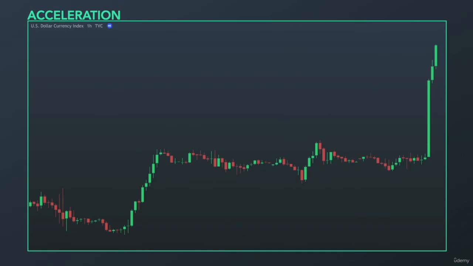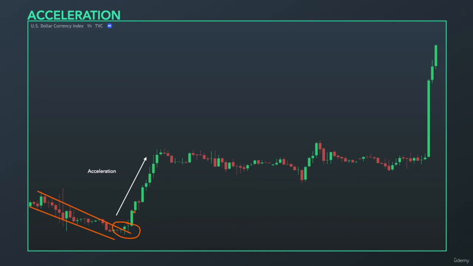Another example, dollar index hourly time frame. So as you can see, we had a pullback, and then price moved to the upside very aggressively. So this is our acceleration. So again, if you did not enter from here, you've already missed the move.